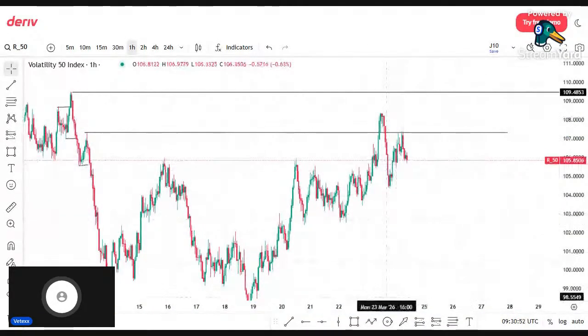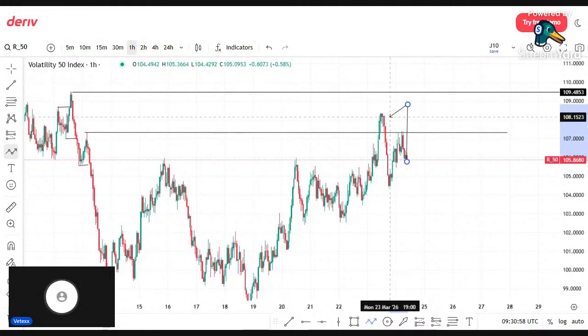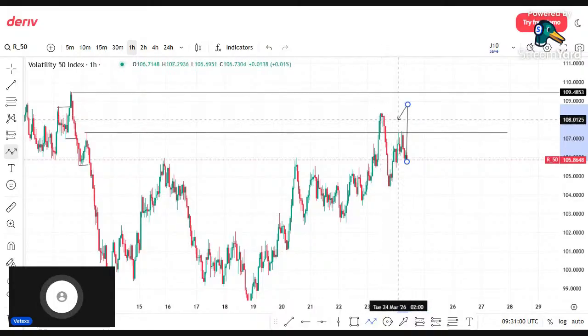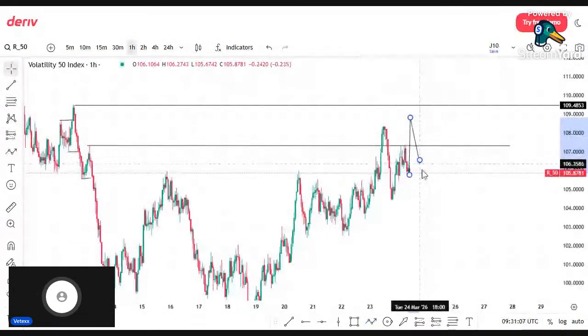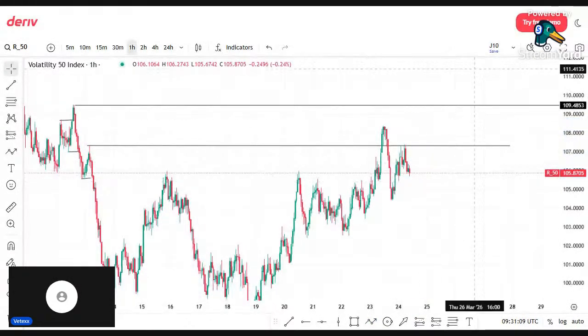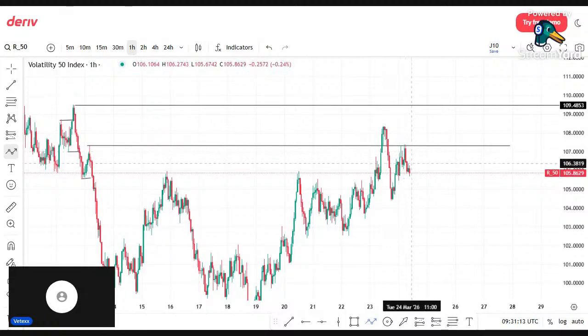What we anticipate, all we want price to do now is to come into this zone, take out this newly created high to become our sweep, and then we just wait for price. So we want price to do something like this.